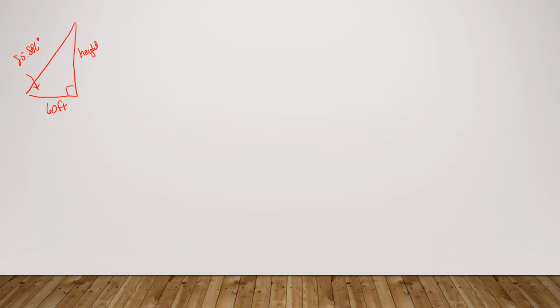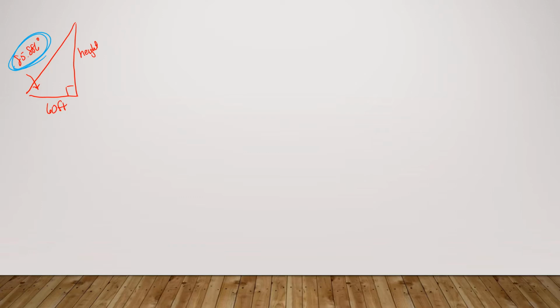Okay, so just like we did before, we need to understand what information they gave us with respect to this angle. Because if I know the sides and where they are in relation to the angle, then I know which trig function I'm supposed to use.